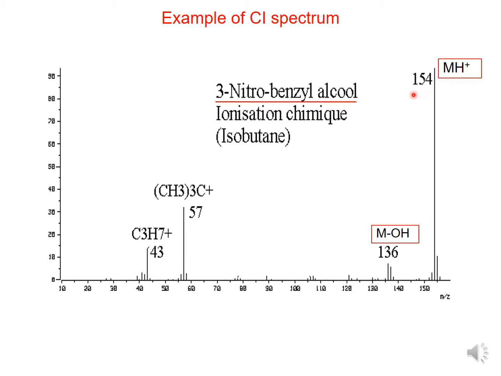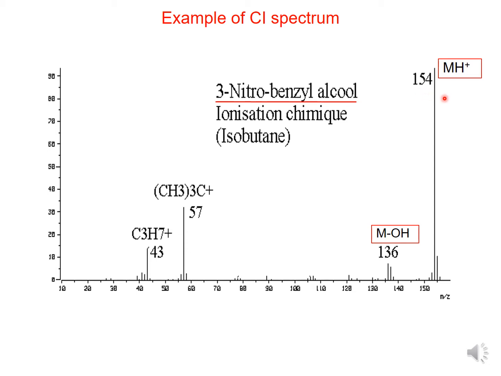And then I see 154. If I want to calculate the mass of the molecule, I have to take the mass here minus 1, minus the mass of a proton.